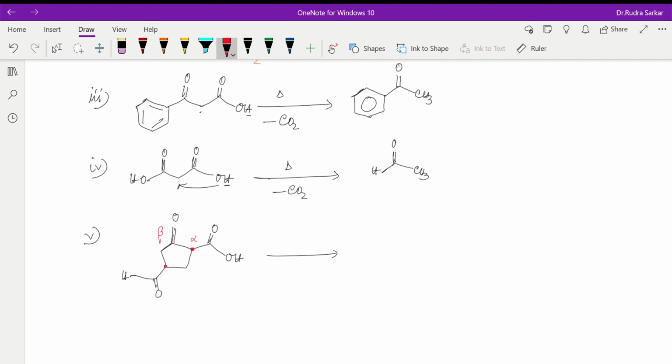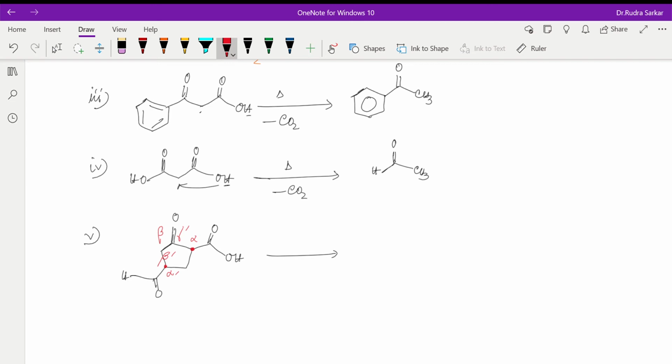But with respect to this particular acid group, this is your alpha, that is your alpha prime, beta prime, and gamma prime. So the one that is going to go away is only going to be the acid which has the keto which is beta to this particular acid.